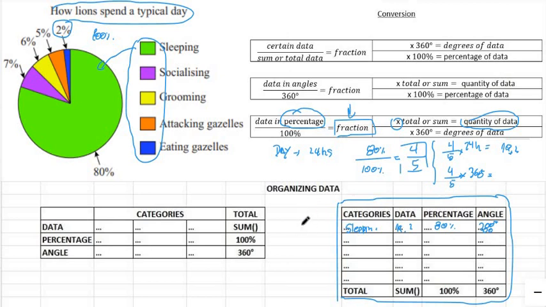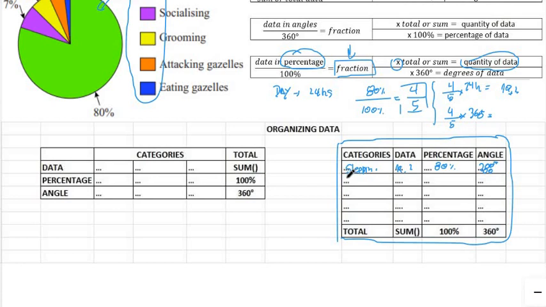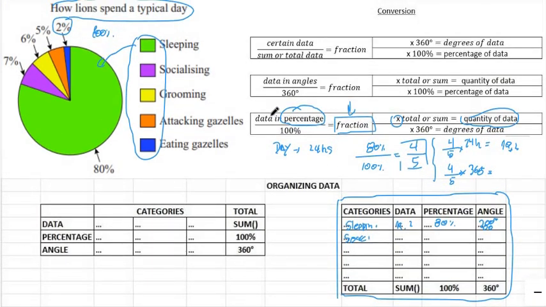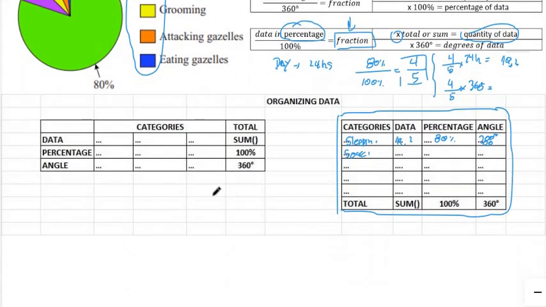For example, let's say that you want to complete the table for socializing. First, since they give you the information as a percentage, you have to find the fraction. The percentage for socializing is 7%. So I'm going to write it here: 7% divided by 100%.